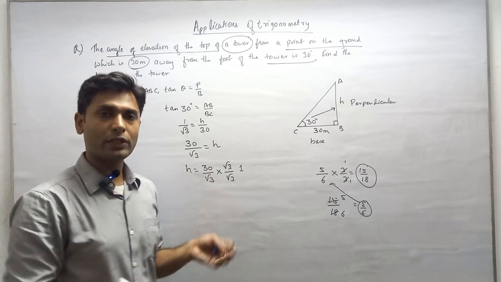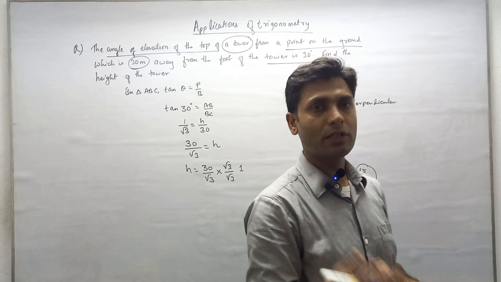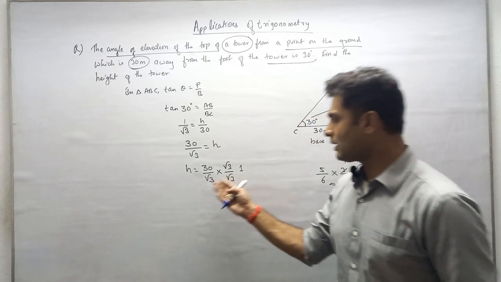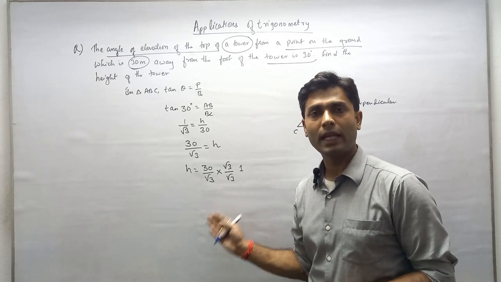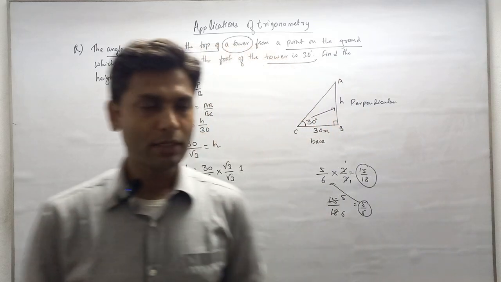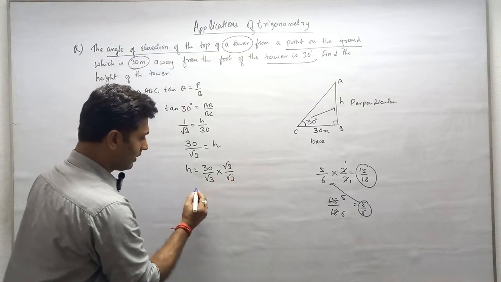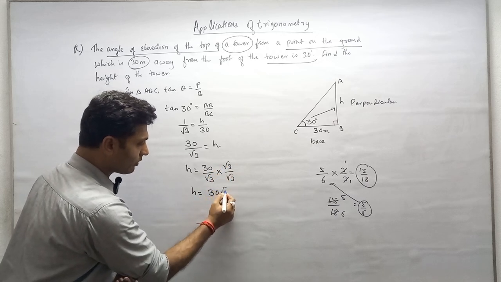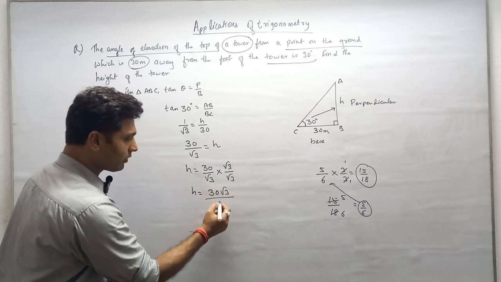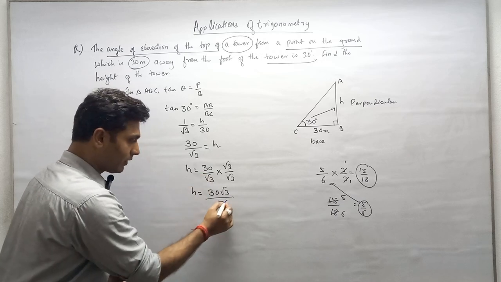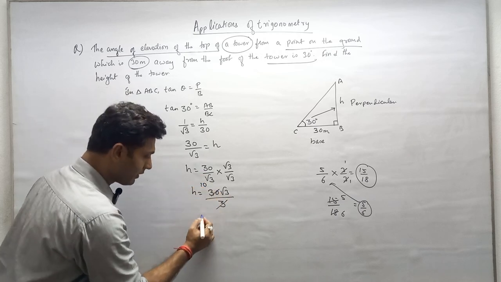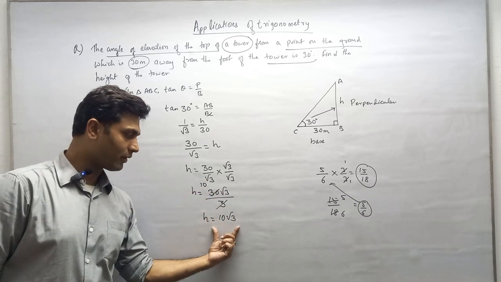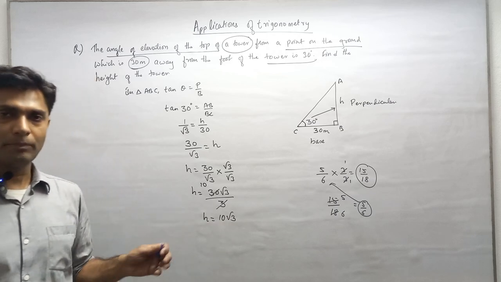If you multiply the numerator by one factor, the denominator also needs to be multiplied by the same factor, because this way we find the equivalent fraction. So h is equal to 30 into root over 3, which is 30 root over 3, divided by root over 3 into root over 3, which is 3. So 3 into 10 is 30, and height is equal to 10 root over 3. The height of the tower is 10 root over 3 meters.